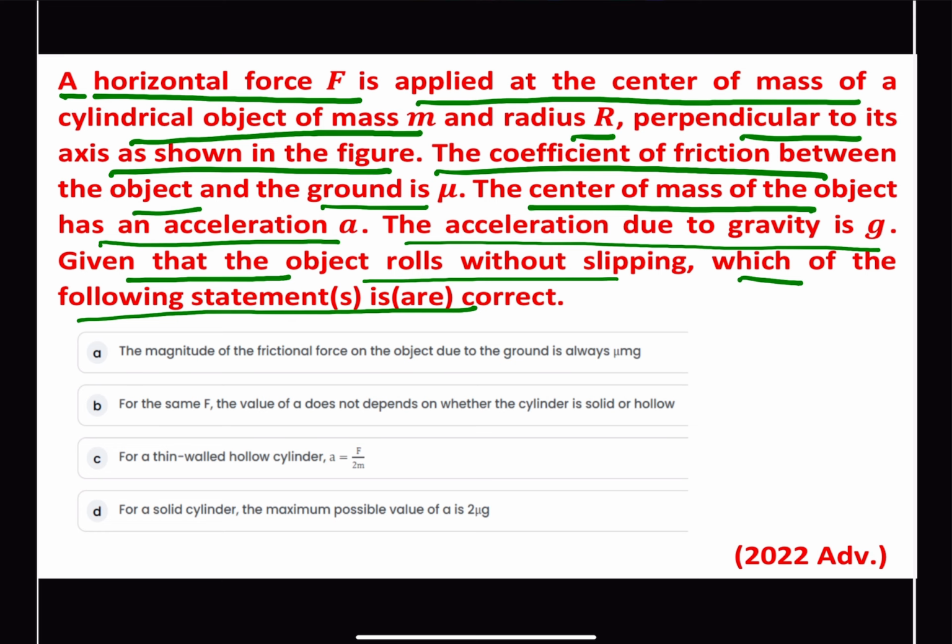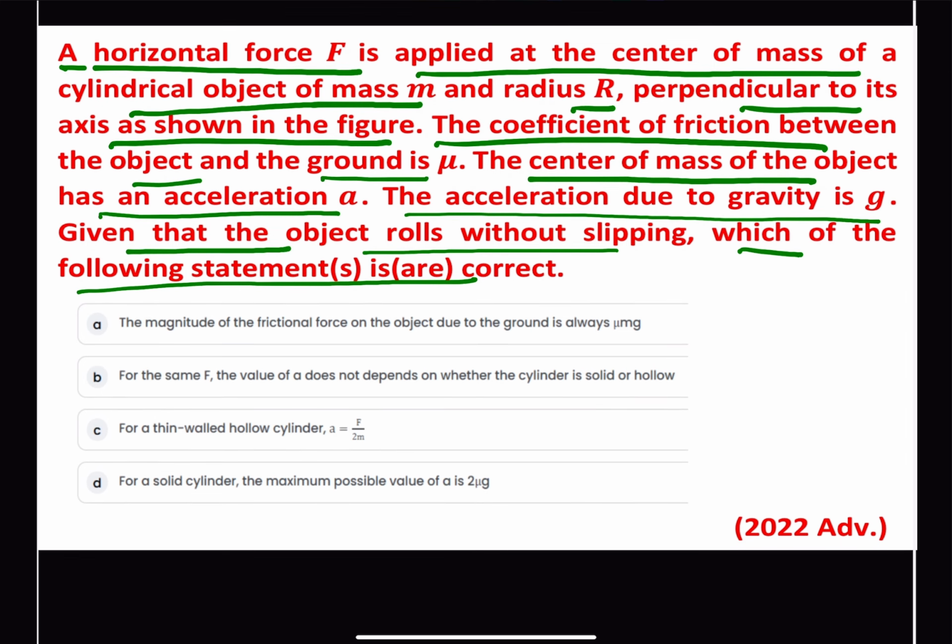So we are given that a horizontal force is applied at the center of mass.